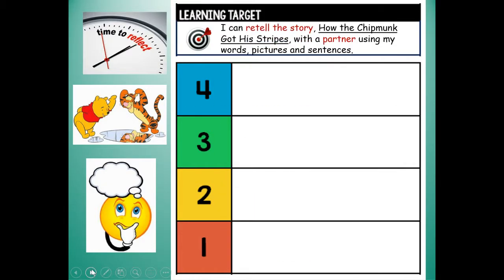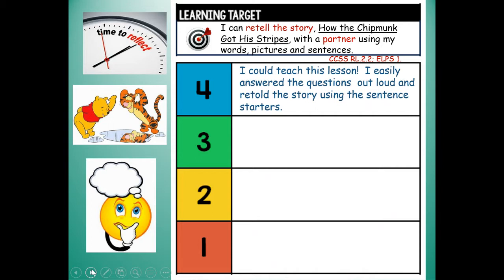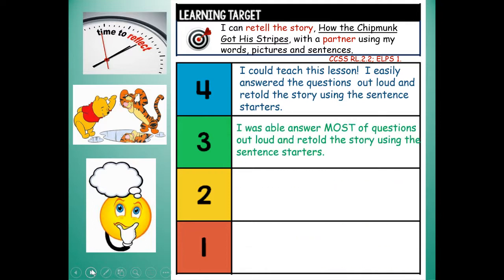All right, let's reflect on our learning target. I can retell how the chipmunk got his stripes with a partner using my words, pictures, and sentences. Would you give yourself a 4? I could teach this lesson. I easily answered the questions out loud and retold the story using sentence starters. Or a 3, I was able to answer most of the questions out loud and retold the story using the sentence starters.